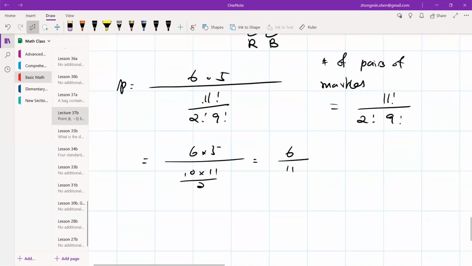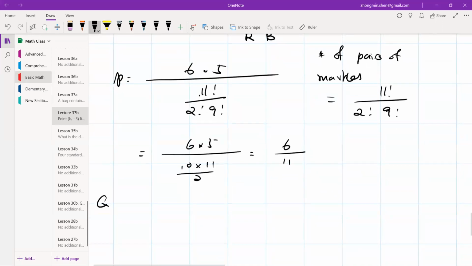All right, so our next problem is about a 3-digit number.